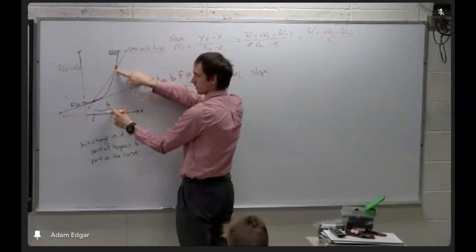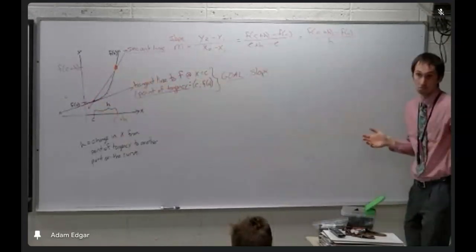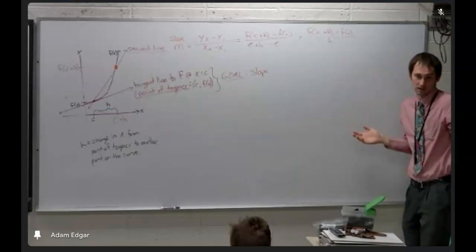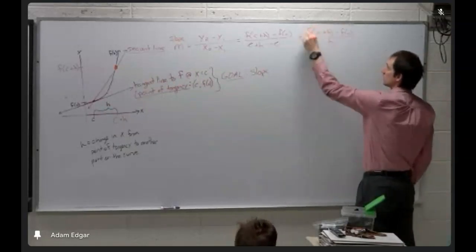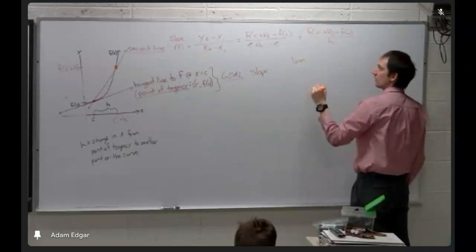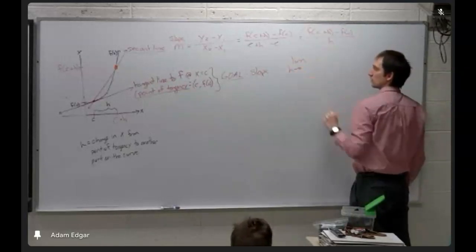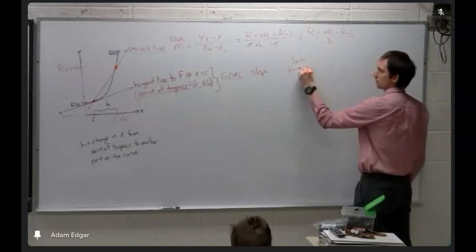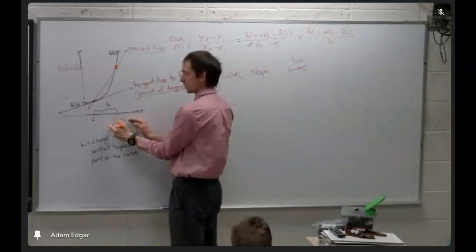It's getting smaller, and that is the idea of what we just did for the last 3 weeks. That's a limit. So what we do now is we take this formula and say, let's take the limit, and what are we doing with our h? H is going towards 0, so that this point, c plus h, is heading towards c.